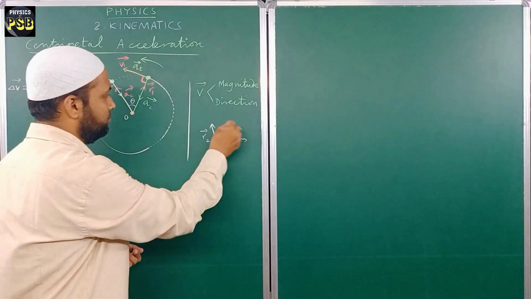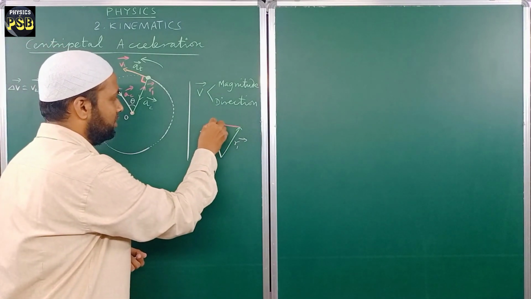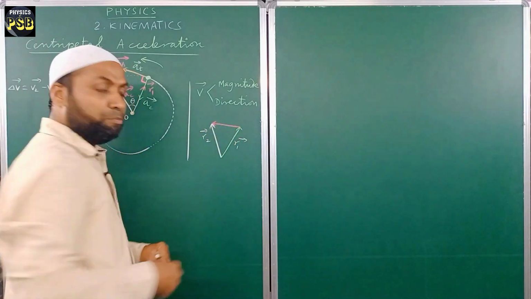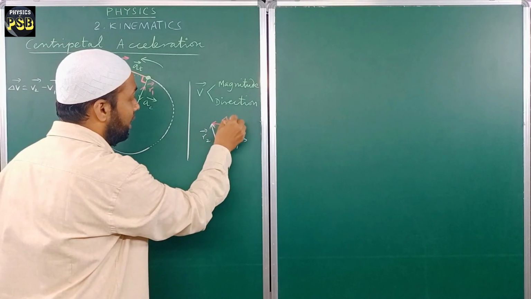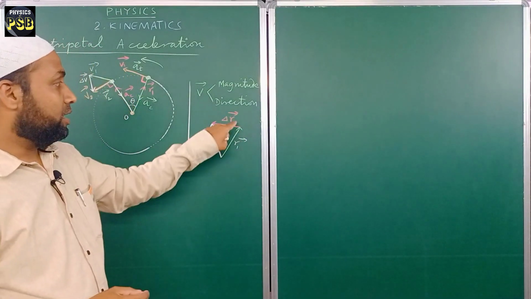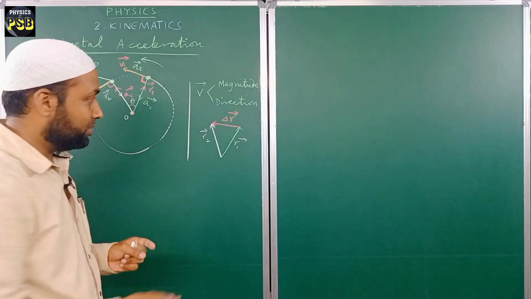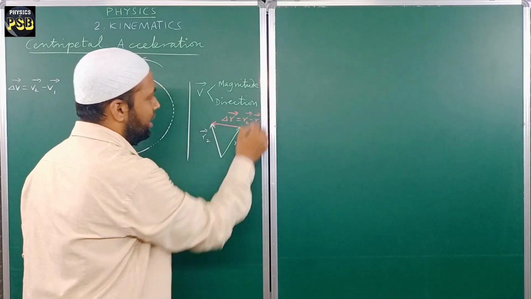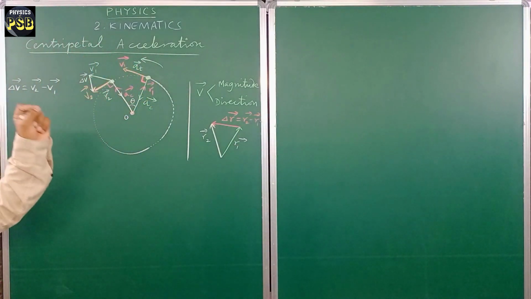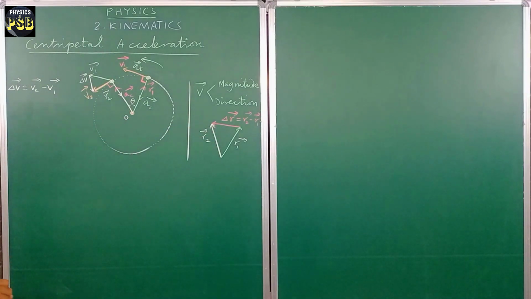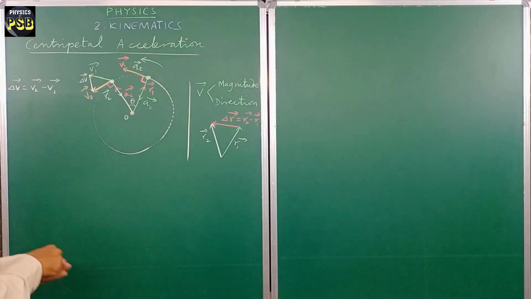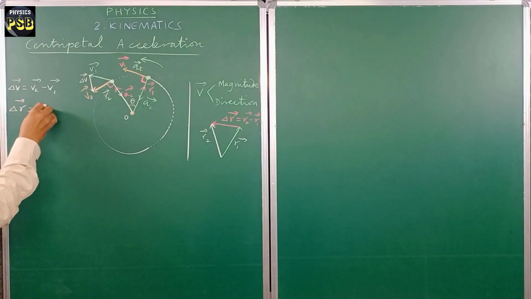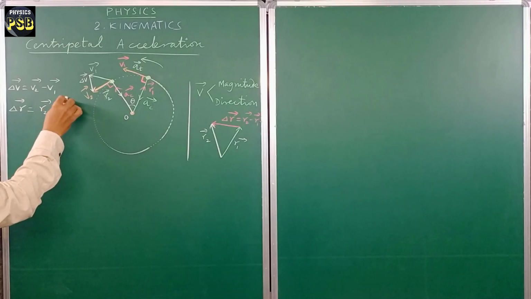Now I close them by connecting them together in this manner. Then this line provides me delta R vector, which is nothing but the difference between R2 vector and R1 vector, and this gives the distance, or correctly speaking, displacement. So displacement is obtained by subtracting R1 from R2 vector.